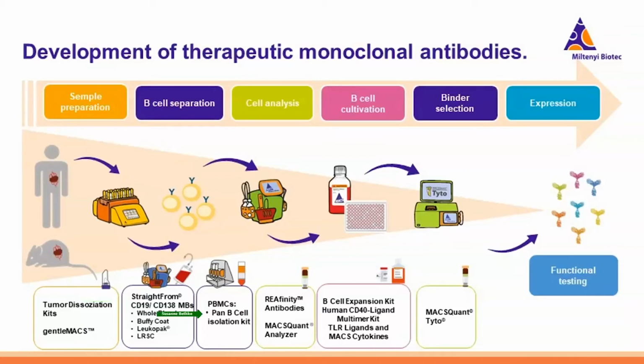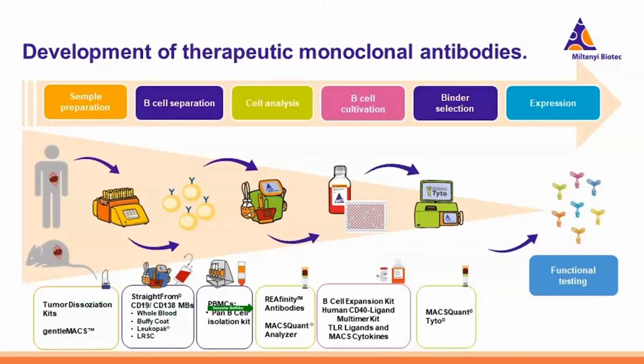But of course, you can also do isolation of B cells from PBMCs with the Pan B Cell Isolation Kit, or also CD19 MicroBeads. Also do cell analysis with REAffinity antibodies and also our MACSQuant Analyzer.